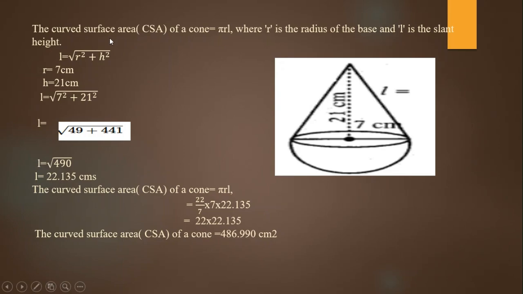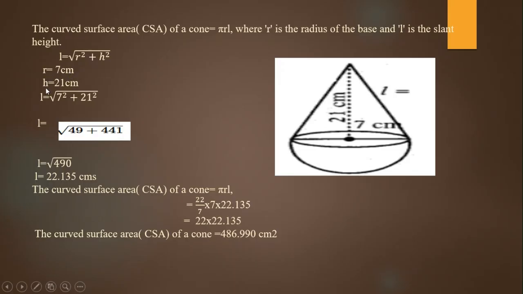How will we get the curved surface area of the cone? By using the formula pi r L, where r is the radius of the cone and L is the slant height of the cone. How can we get the slant height? Slant height of the cone is square root of r square plus h square, where r is the radius and h is the height of the cone. We have calculated the height, and the radius is given.